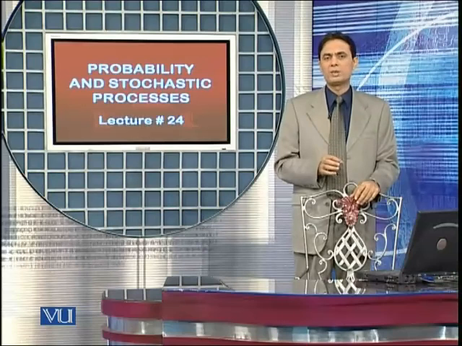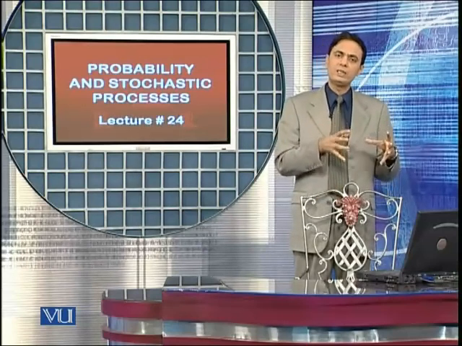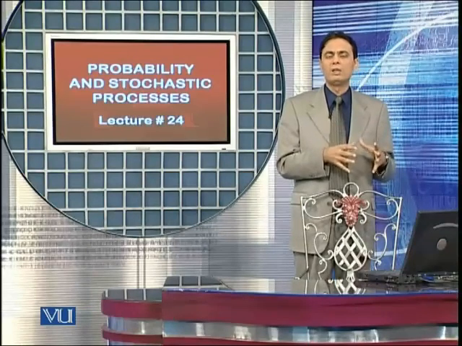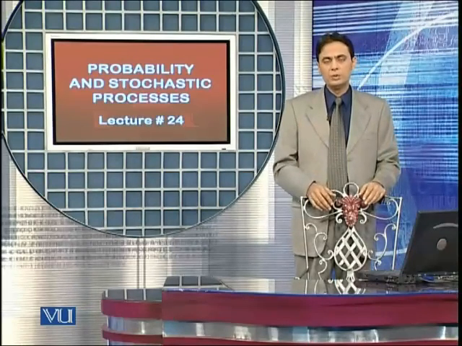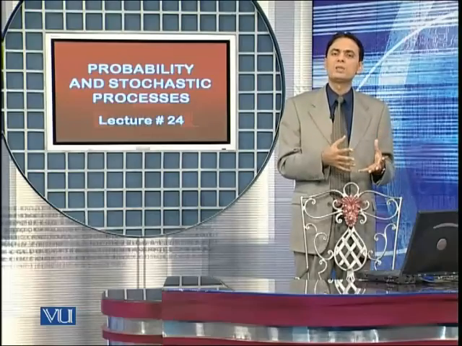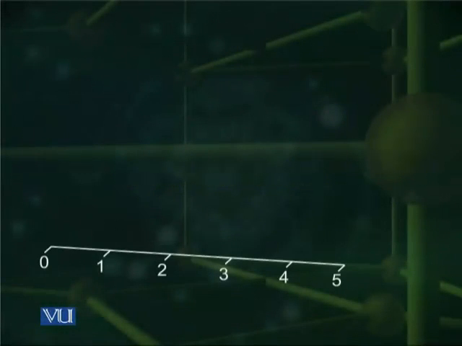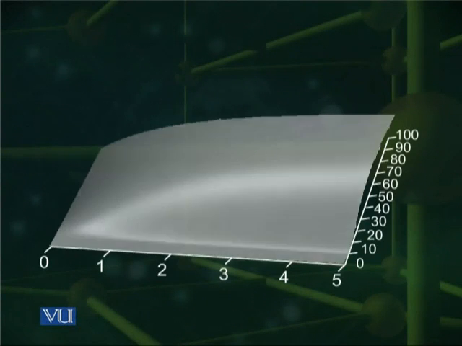And the first processing that I have done on this formula is finding the values of this CDF for a range of values of u and a range of values of v, so I can sketch this two-dimensional CDF of u and v, and you can see this sketch on your screen. This is the CDF of u and v.